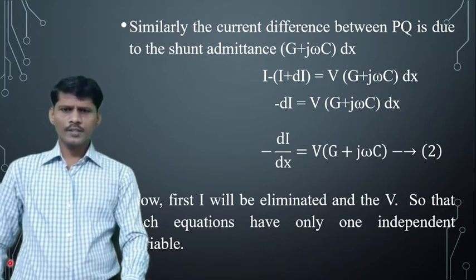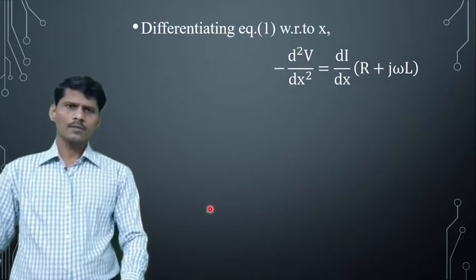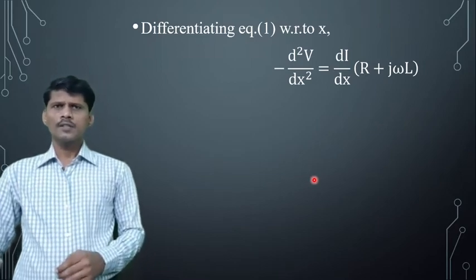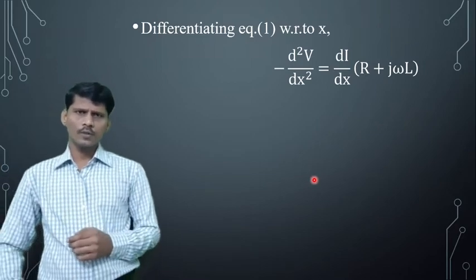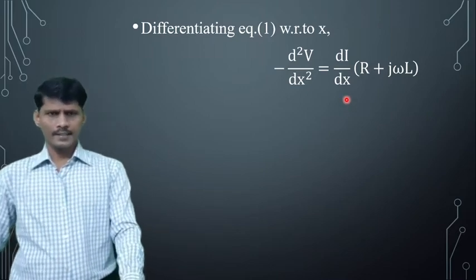So differentiating equation 1. What is equation 1? Minus dV by dx is equal to I into R plus j omega L. So differentiating equation 1 with respect to x, we have minus d square V by dx square is equal to R plus j omega L, which is constant, into dI by dx.